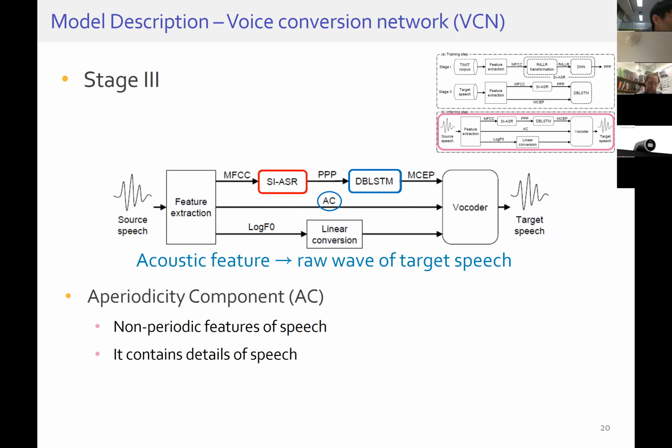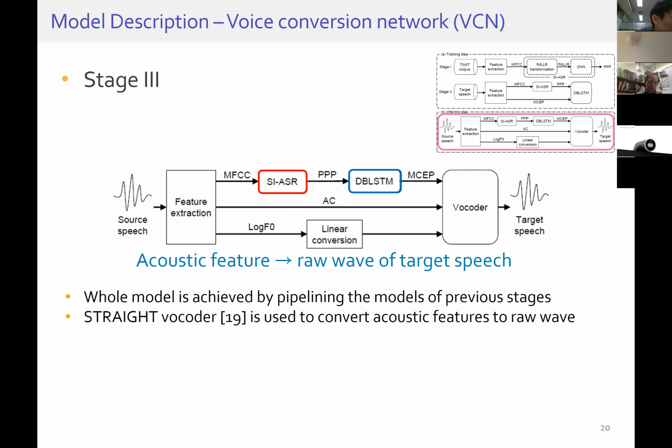And aperiodic component is the non-periodic feature of speech, so it can contain detailed information of the speech. Now, we can finally convert speech of any voice to the speech of the target voice.